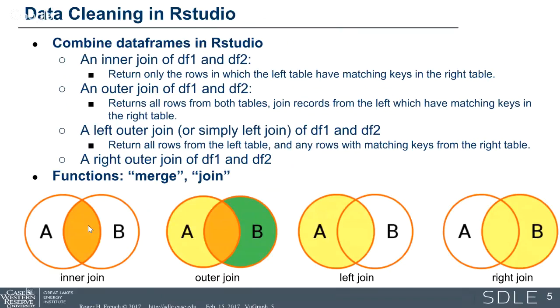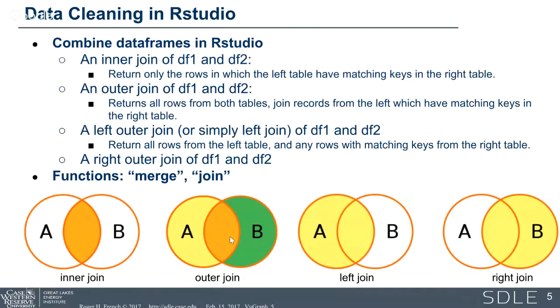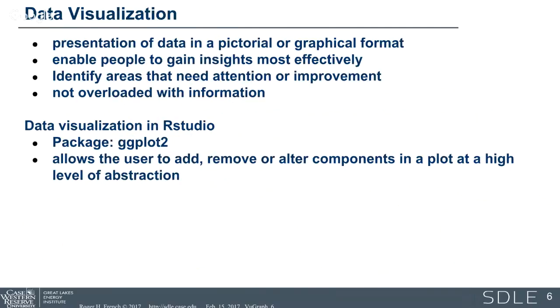For example, the inner join gets the rows that are in both data frames, and the outer join gets all the rows from both data frames. Those functions are quite useful and very similar to the SQL database, so if you're familiar with those, you can make your data cleaning procedures faster.